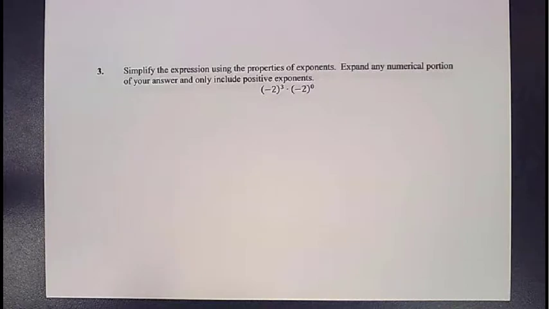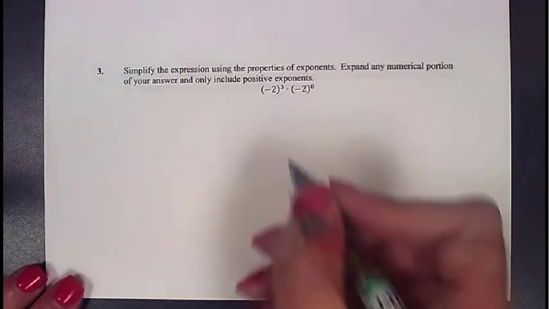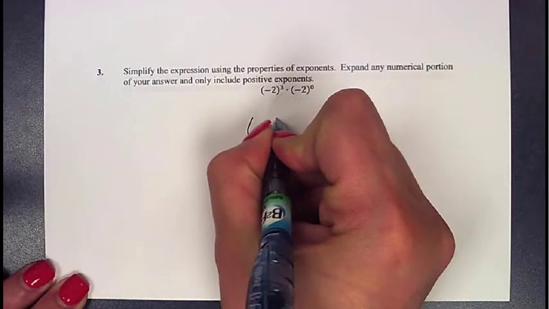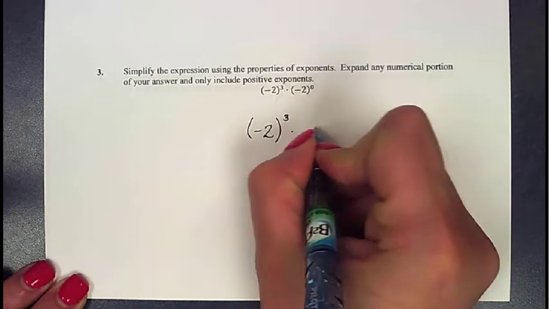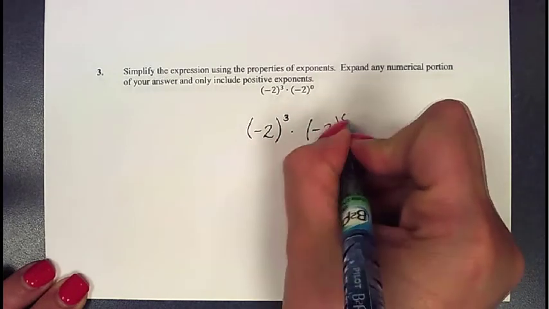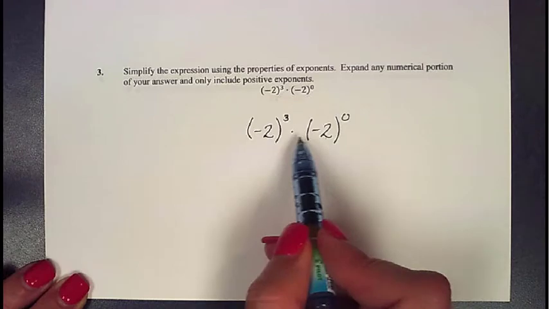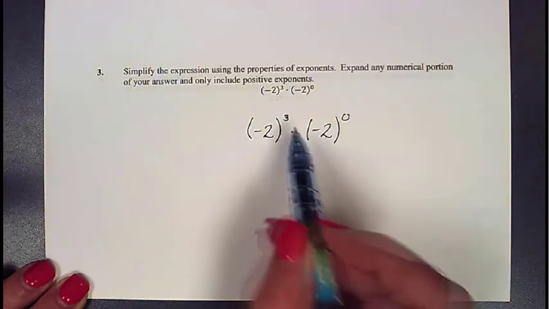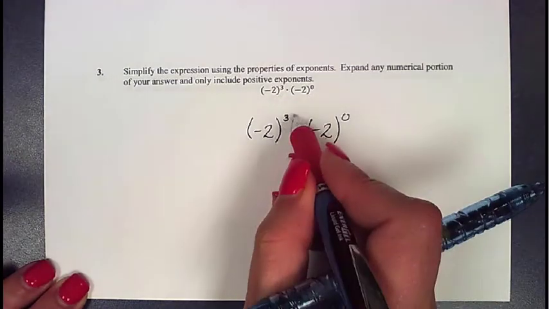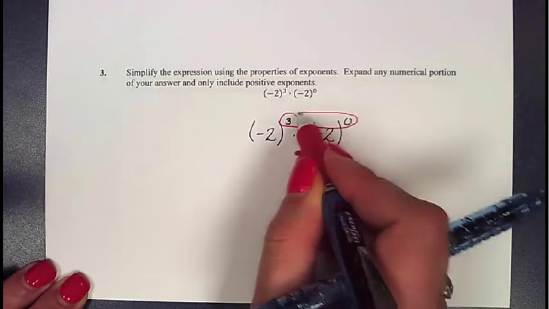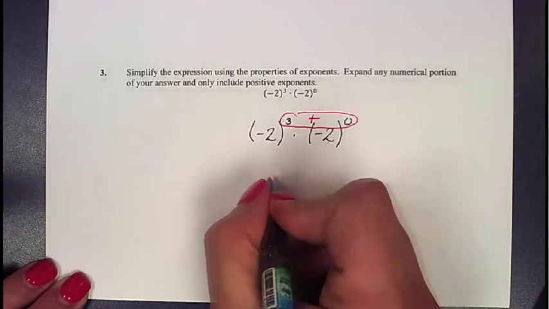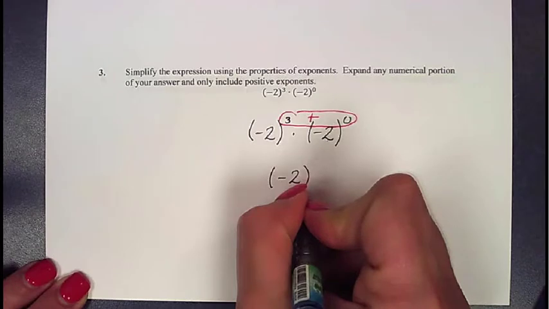Okay, so for our third example, we have negative 2 to the 3rd power times negative 2 to the 0 power. Again, notice we have the same base and we're multiplying together, so we can take our exponents and add them together. So this would give us negative 2 to the 3rd power.